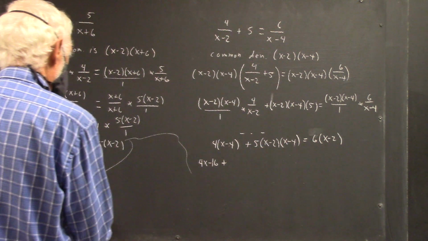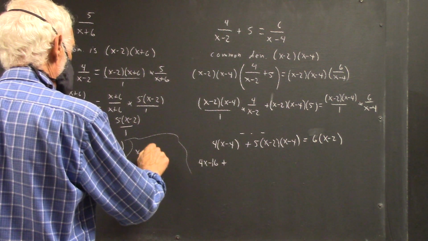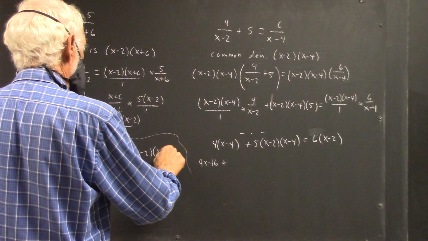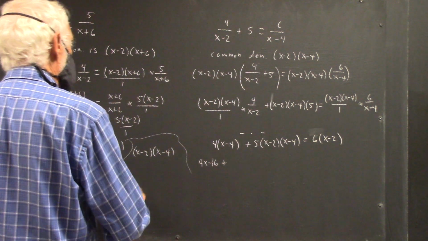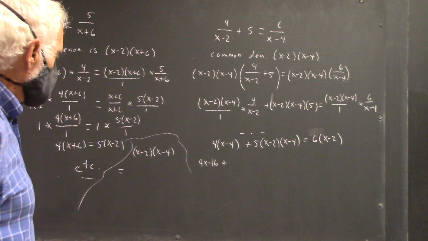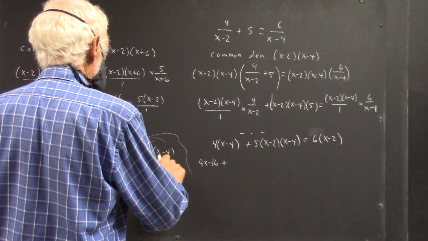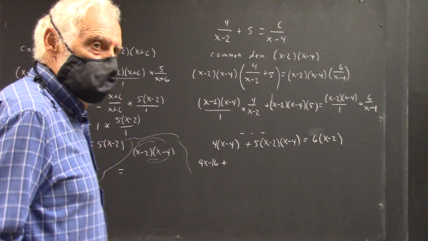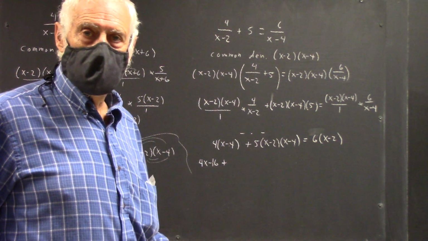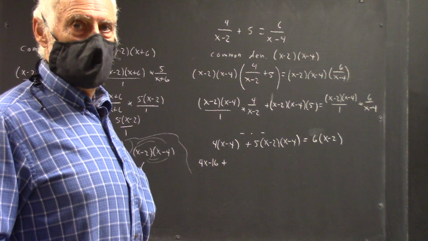Now I'm going to do that over here. What's that equal? Now you can do superstition and you can do stuff like this and this, which is not quite superstition, okay? But it comes down to the distributive law, and I advocate that you understand the distributive law.